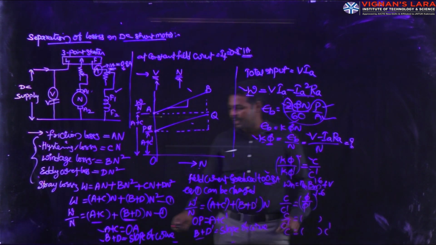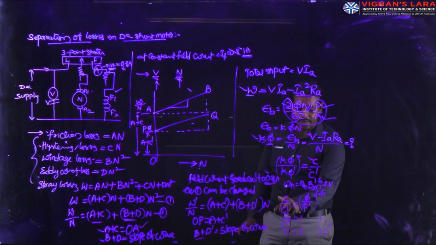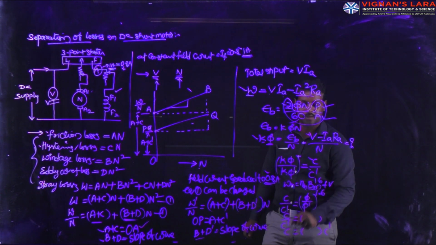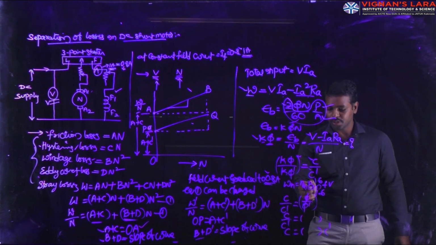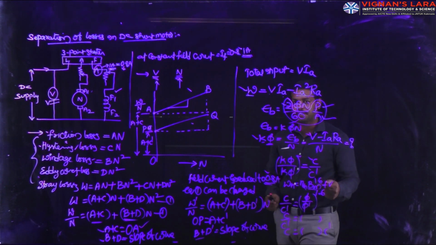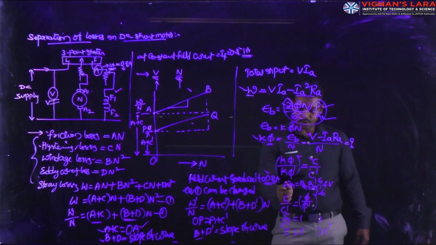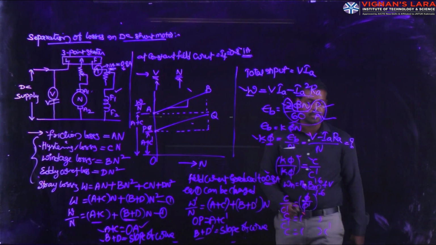Similarly, we can substitute in another equation: D divided by D dash is equal to phi divided by phi dash, whole squared, because eddy current loss is equal to eta E into Bm square into F square into T square. T is the thickness of the laminations in the motor.